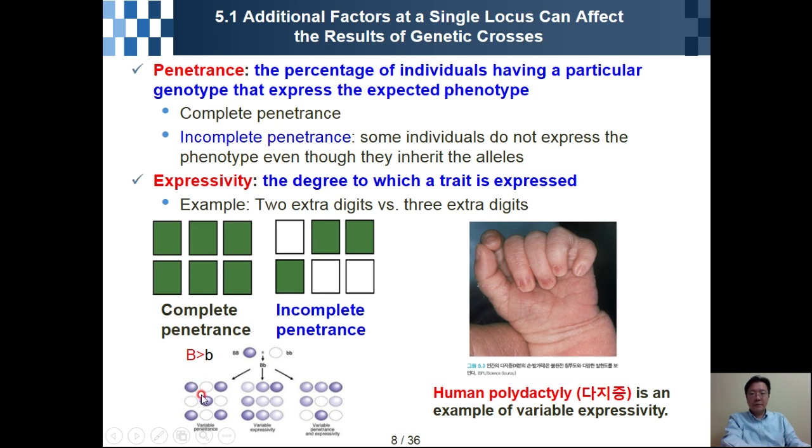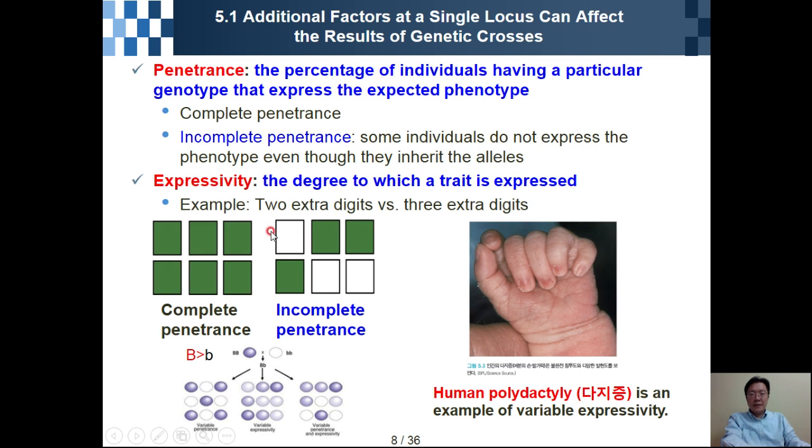For example, the total offspring is 9, but only some of them express the blue phenotype. In these cases, we call it incomplete penetrance. Some individuals do not express the phenotype even though they inherit the alleles.